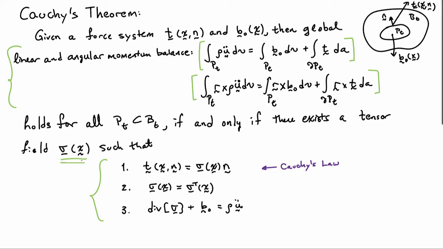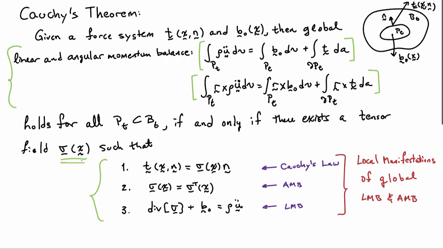This first result here is known as Cauchy's law sometimes, so you may hear that as a synonym. The second result here is actually a consequence of angular momentum balance, slightly combined with linear momentum balance. And this third result here is a consequence of linear momentum balance.